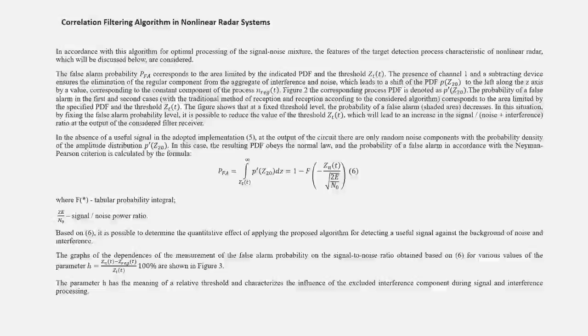In this case, the resulting PDF is based on the normal law, and the probability of false alarm in accordance with the Neyman-Pearson criterion is calculated by the following formula, where the function F is the tabular probability integral, and this ratio is the signal-to-noise power ratio. Based on this formula, it is possible to determine the quantitative effect of applying the processing algorithm for detecting the useful signal against the background of interference noise.